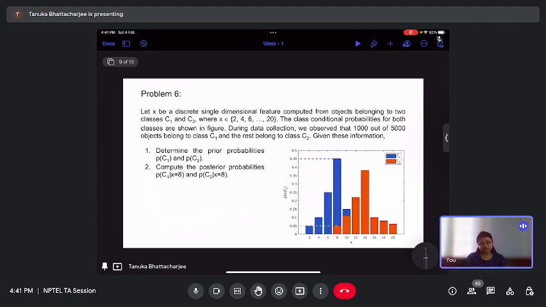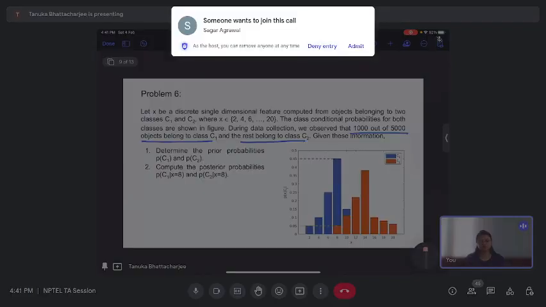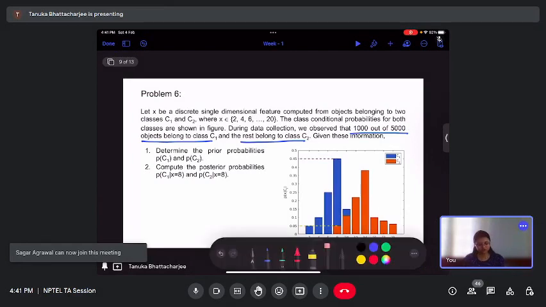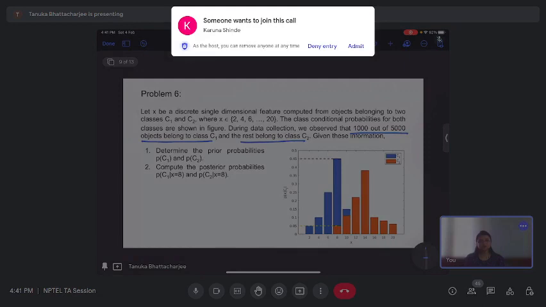Now, it is mentioned that during data collection we observed that 1000 out of 5000 objects belong to class C1 and the rest belong to class C2. Given these observations, first you will have to compute the prior probabilities, probability of C1 and probability of C2. This is the easiest one.